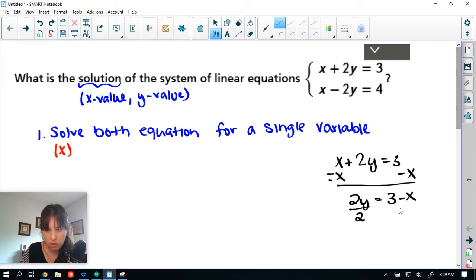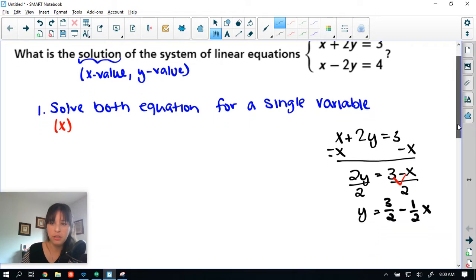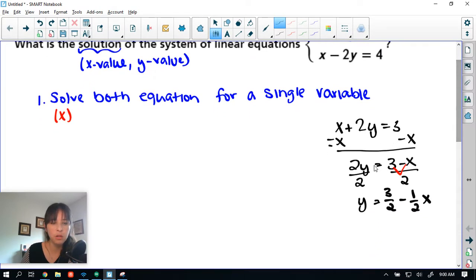Divide that by 2. And we get y equals, and remember when I divide by 2, this 3 and the 1 that's hidden there also get divided by 2 when we break it apart. So 3 halves minus 1 half x. And here we're dealing with fractions. And as much as I like dealing with fractions, they're a little bit more difficult to deal with in the long run, doing the fractions all the way through.